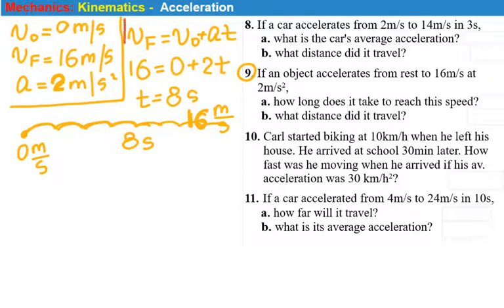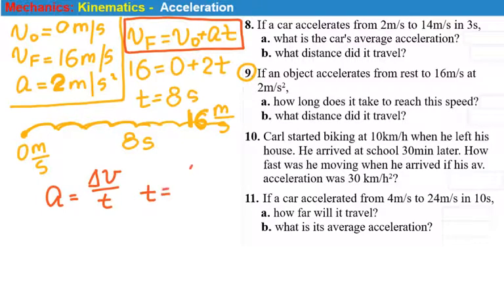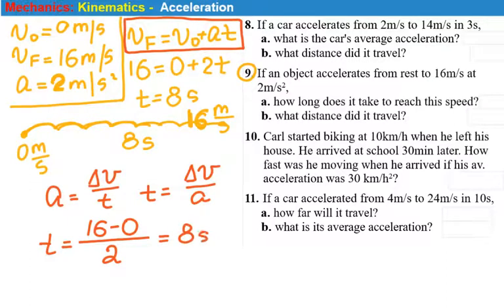So you could use this formula because that's how you understand it. Or you could say, okay, acceleration is equal to change of the velocity over the time. Then the time is equal to change of the velocity over acceleration. So the time is equal to velocity changes 16 minus 0. It's the difference between them. And acceleration is 2. Gives me 8 seconds.